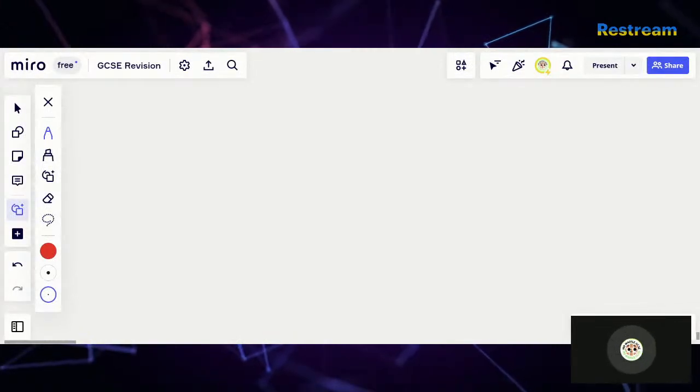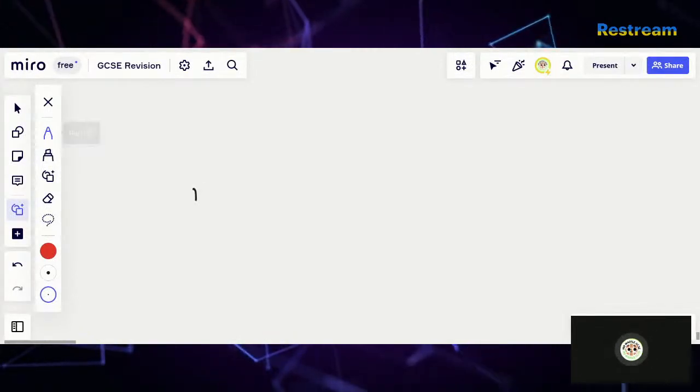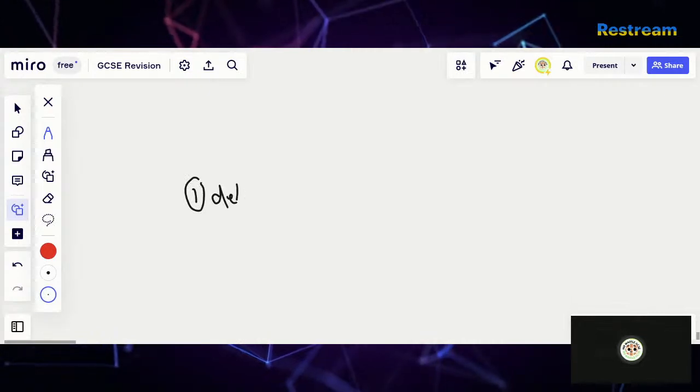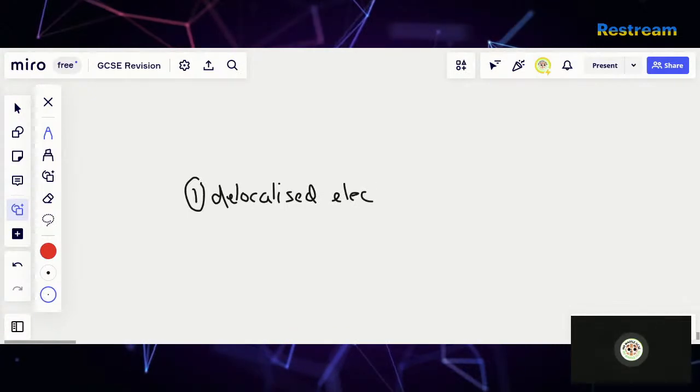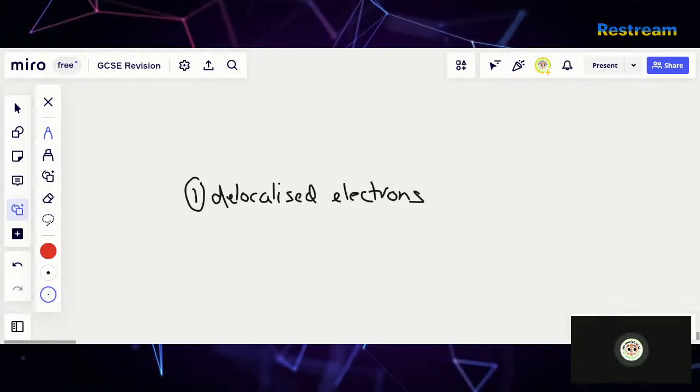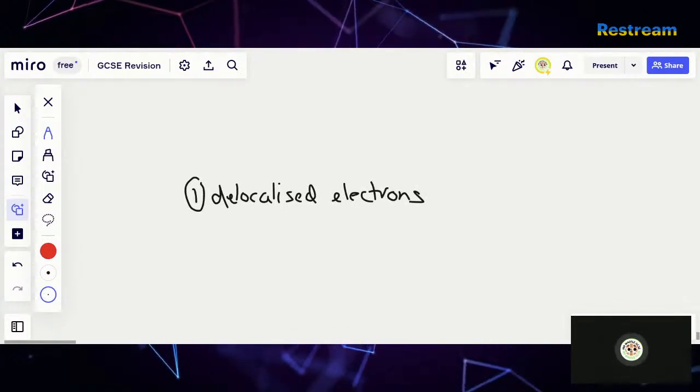Well, in order for anything to conduct electricity, you're going to need delocalized electrons, no matter what. Delocalized electrons are essential for conducting electricity because they're free to carry the charge.